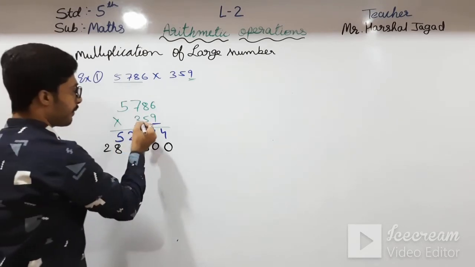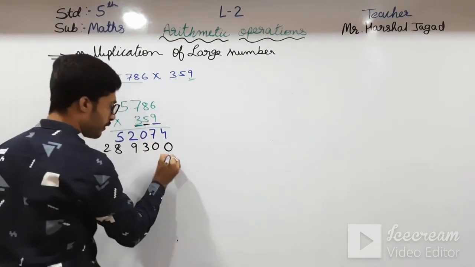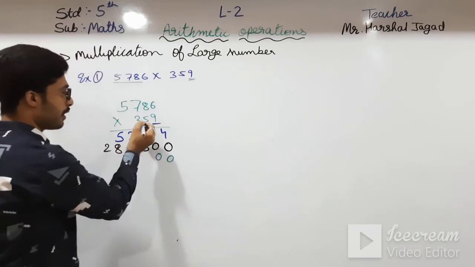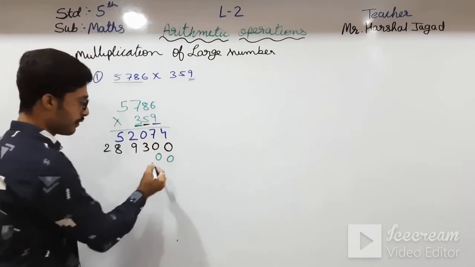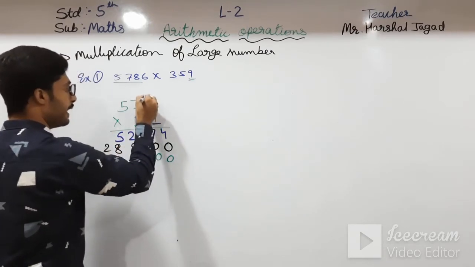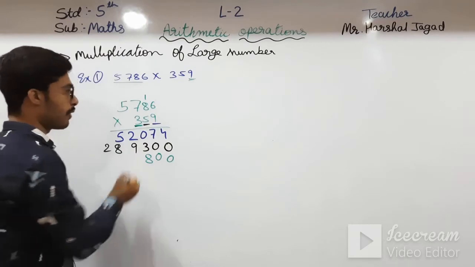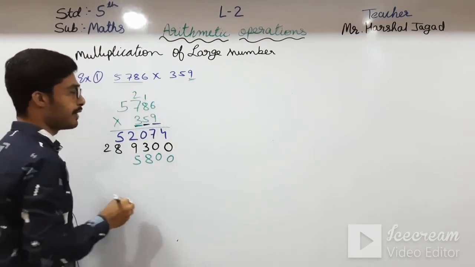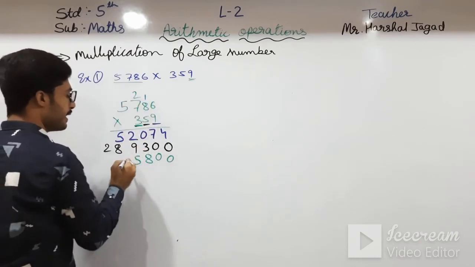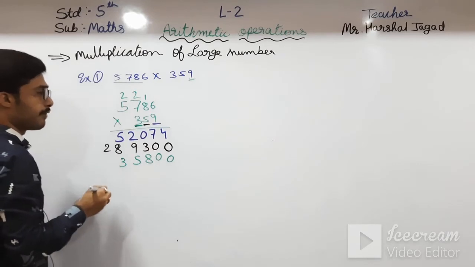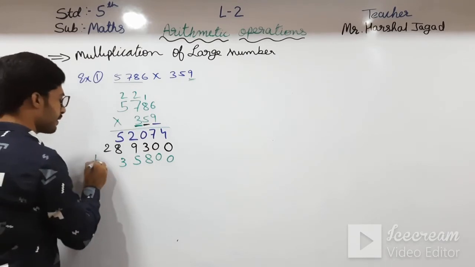Here we are multiplying with the hundreds place, so we have to put 2 zeros. 6 3s are 18. 8 3s are 24 plus 1, 25. 7 3s are 21, 22, 23. 5 3s are 15, 16 and 17.